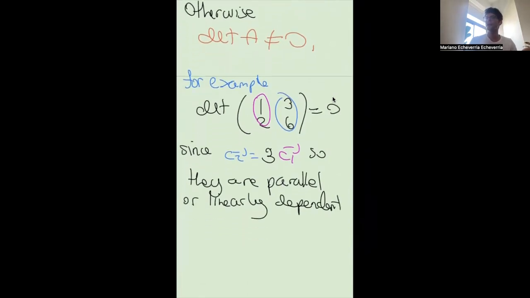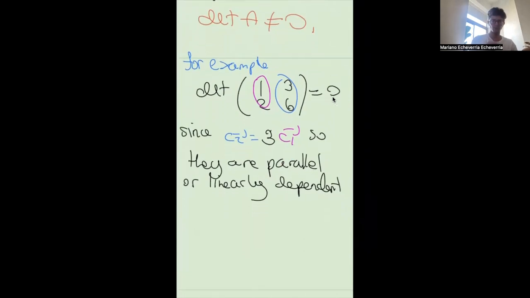But on the other hand, what's going to happen with the determinant of, for example, these? Here's another example. What is going to happen with this determinant?